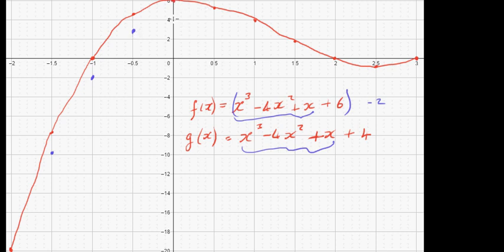This was 6, so that's just going to end up here at 4. This is going to go down from 0.5, which was 5.6, so that's going to be 3.6, somewhere around here. The next one was 1, which was somewhere around 4, so that's going to be somewhere around here.